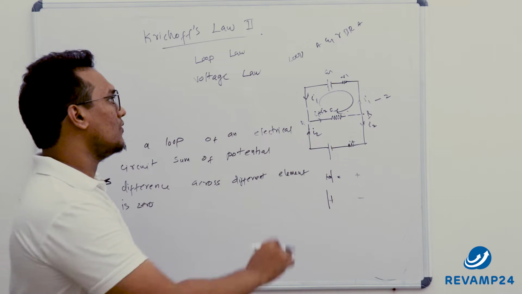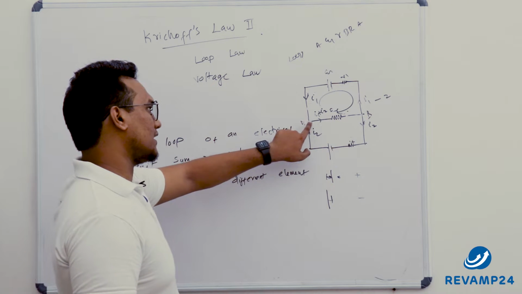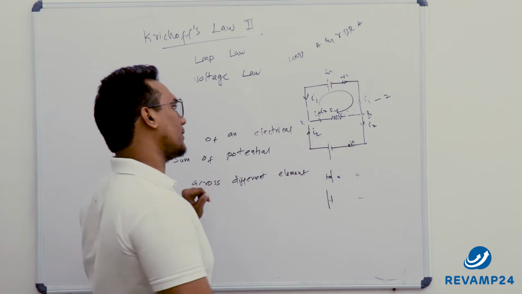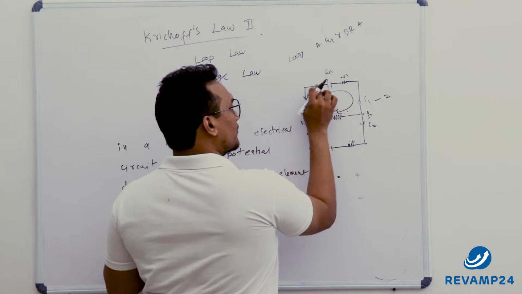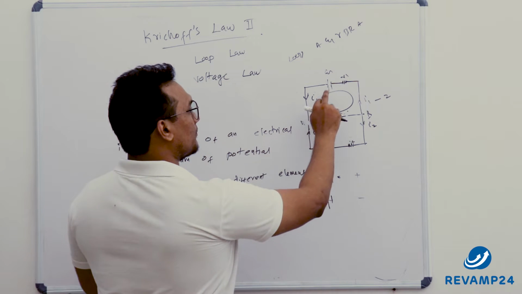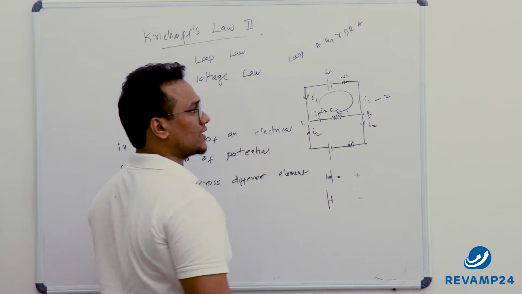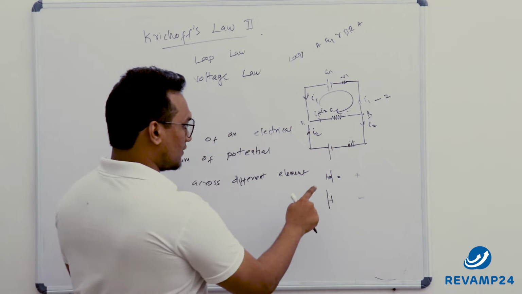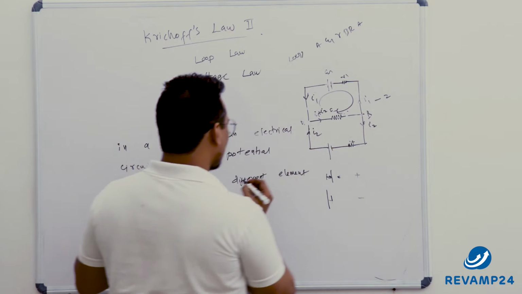Now we have to start from one point to apply the loop rule, so we start from A. Keep your finger moving across the battery and resistance. When we move the finger from positive to negative, the potential drop, you can take it as minus E1.